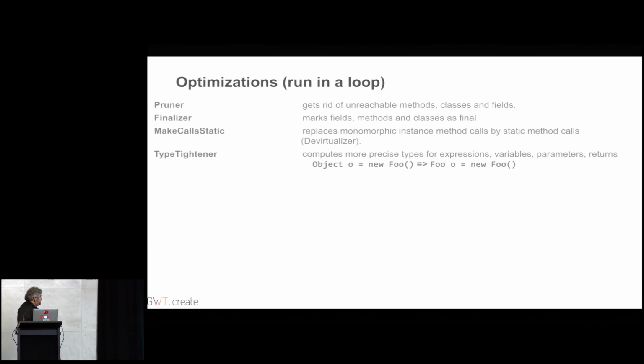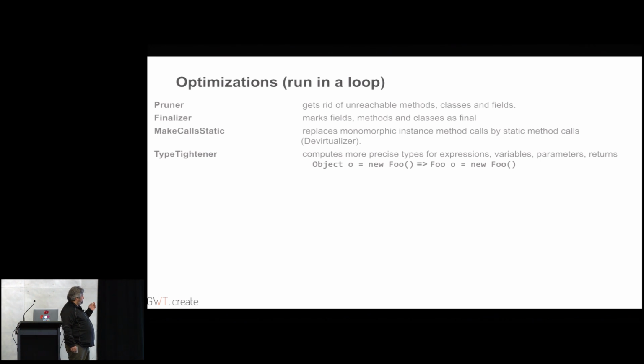The next one is the type tightener. Basically, this is the one that tries to decide for every single entity in the program what's the best type. We try to find a way to describe what are the objects that can be in that entity. If it's a variable, you want to see what are the types of the objects that can actually be in the variable. If it's a return type, what are the actual objects that are returned?